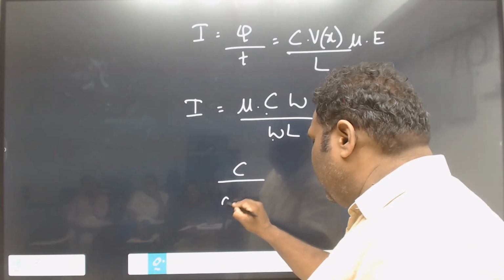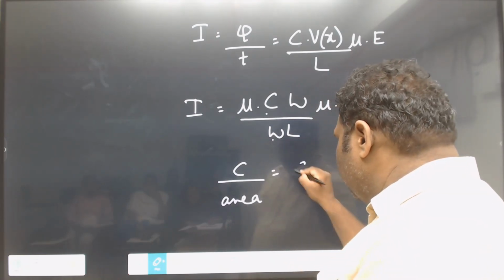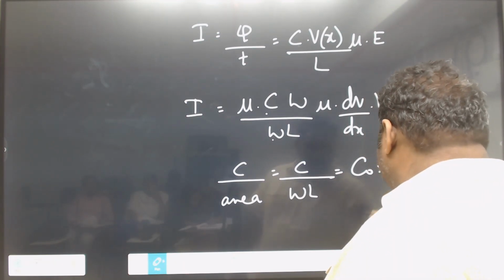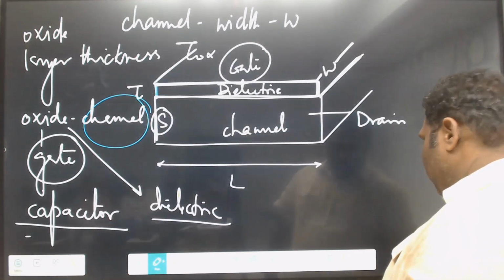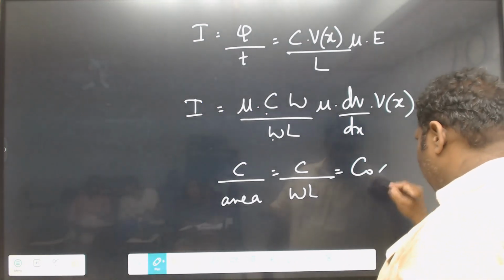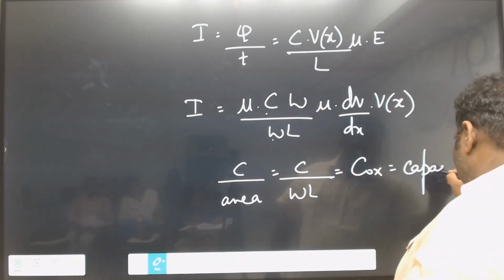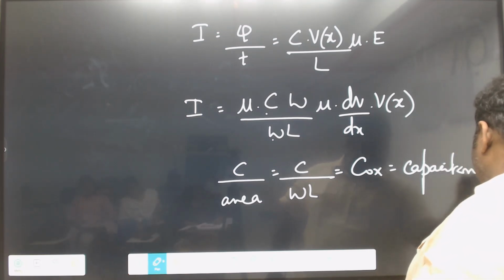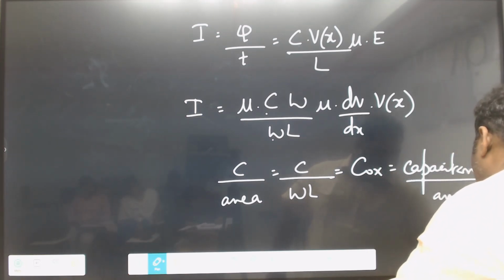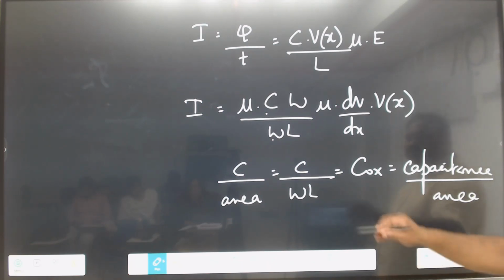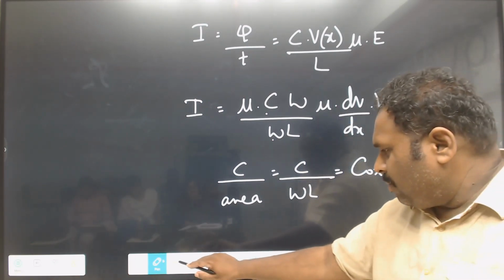C per unit area is C by W into L. That's called COX, capacitance per unit area. So I is equal to mu into COX into W into dV by dx. There's a mu repeated twice by mistake here.